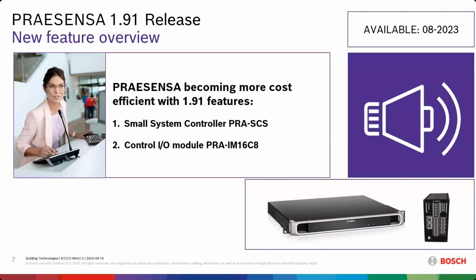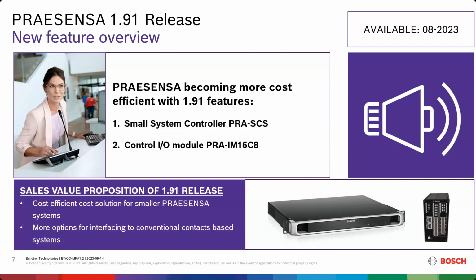The first of them is this small system controller, which is, let's call it, the little brother or sister of the large system controller. And it allows us to address projects in the mid-price range more effectively. Then the second one is the Control I/O module, which we also want to talk about. It's a component that we need to add I/O interfacing in the PRAESENSA system in a cost-efficient way.